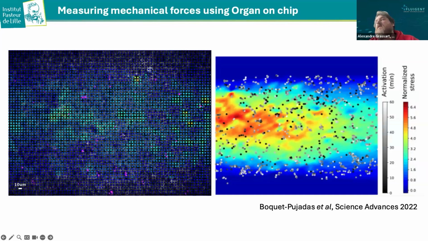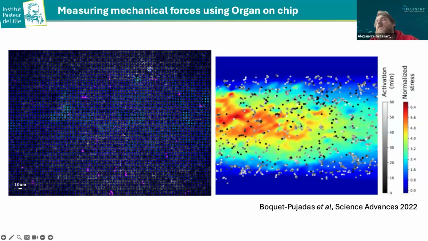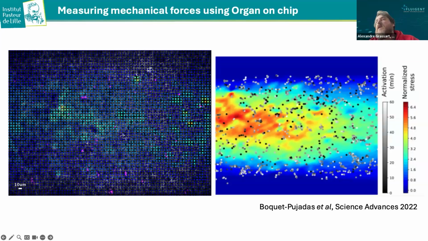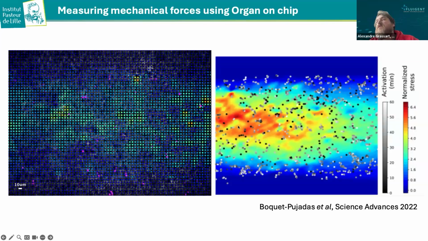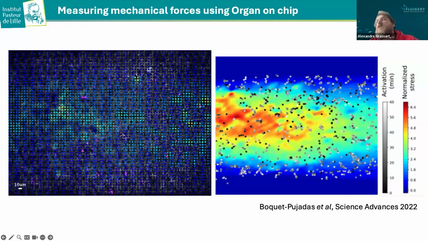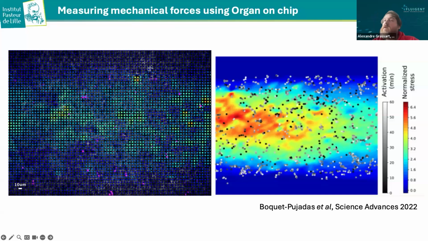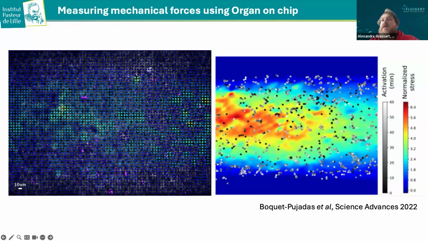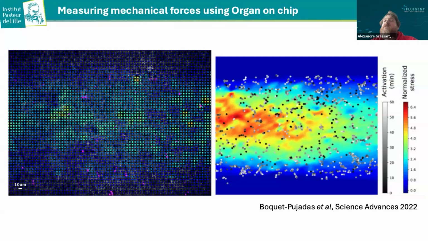And so what they found, you can read on the image on the right, where you have the heat map of the stress applied on this tissue, and also the event of infection, where you can see a nice correlation between high stress and activation of the bacteria to invade the tissue.